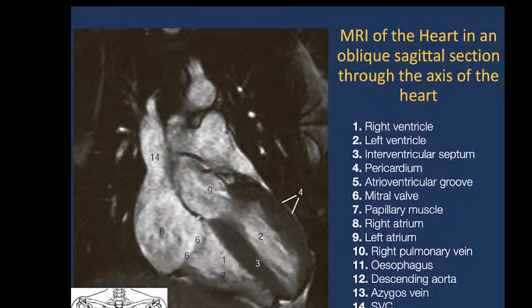Between the atria we see the atrial septum with a small defect in this structure, I think, which gives the possibility for blood to come from the right atrium to the left and back.